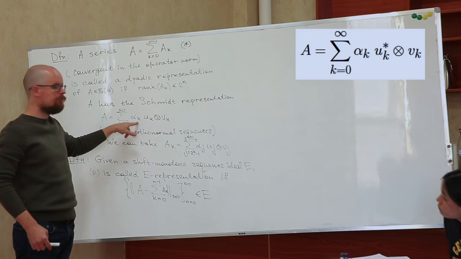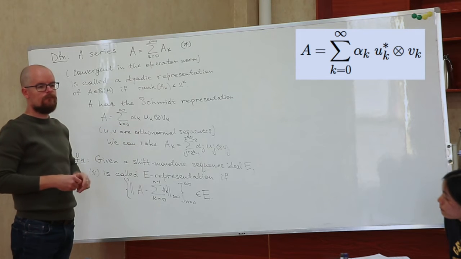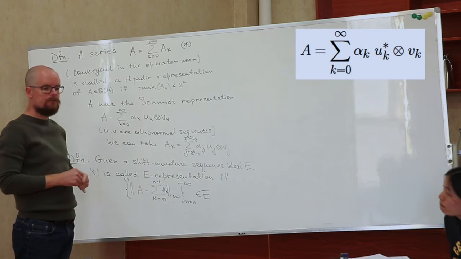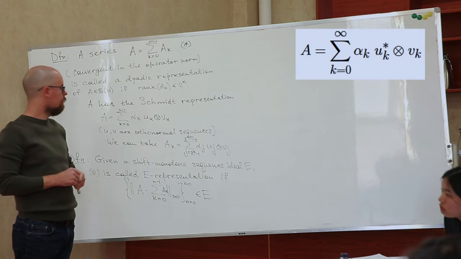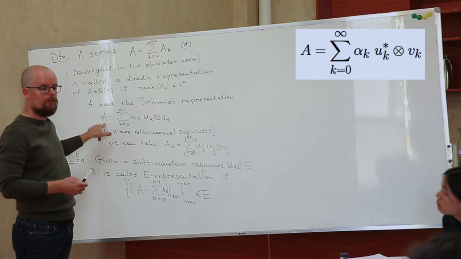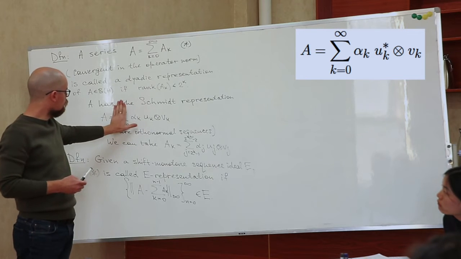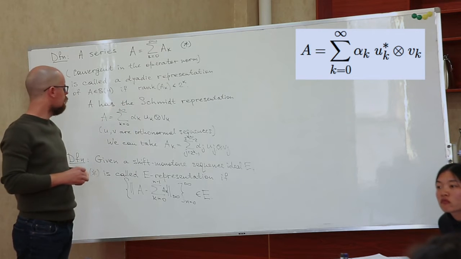So this is kind of a diagonalization of the operator A. Alpha k is just numbers. So why can you just take A_k equal to alpha k u_k tensor v_k? Then the rank of A_k is always at most 1, and it's always less than 2 to the k.